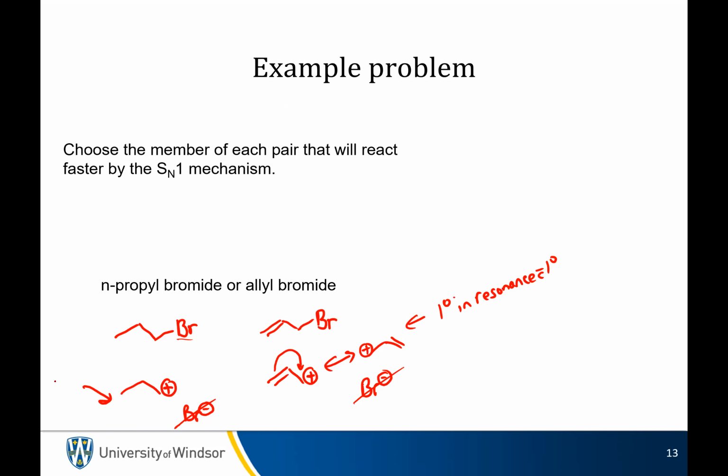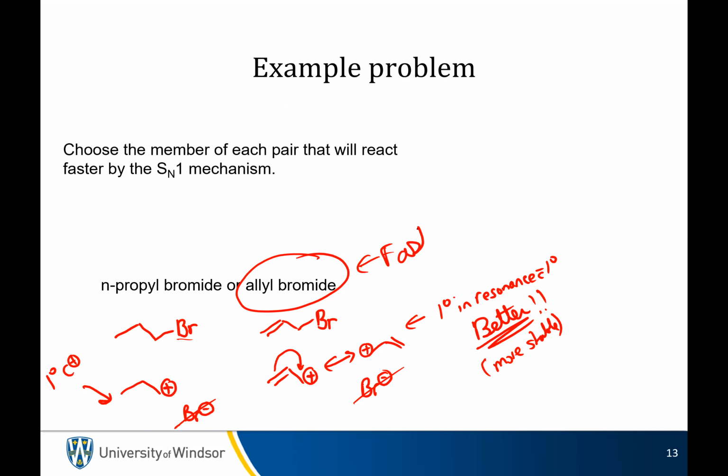Whereas this is just a primary carbocation. So this one is better. That's more stable, which means it's faster to form, because that carbocation is more stable, because that intermediate is lower in energy.